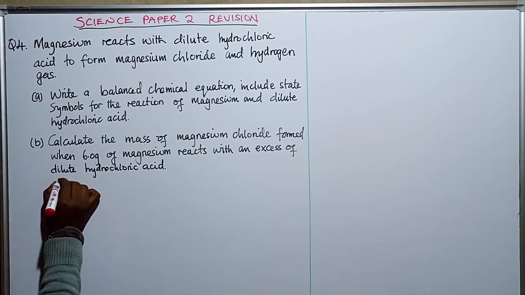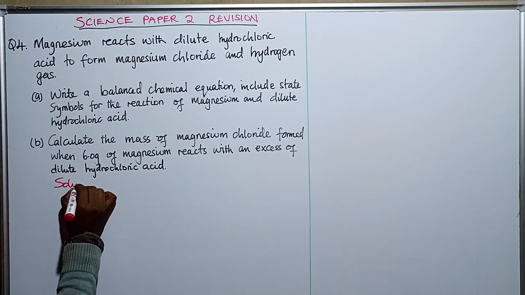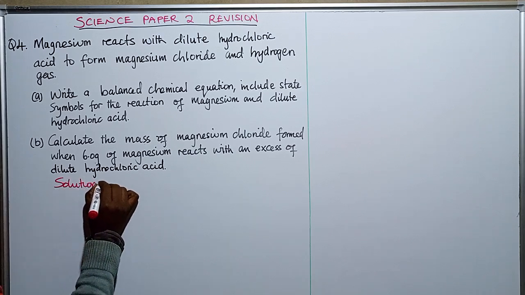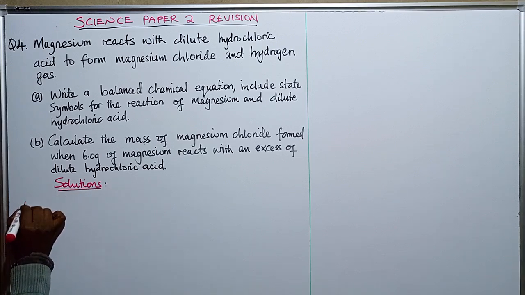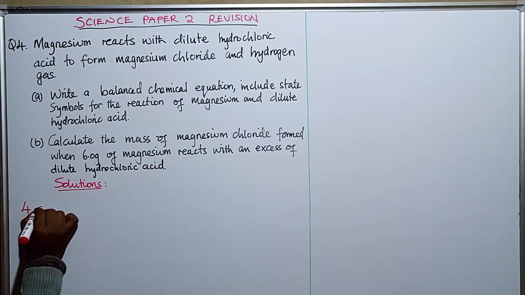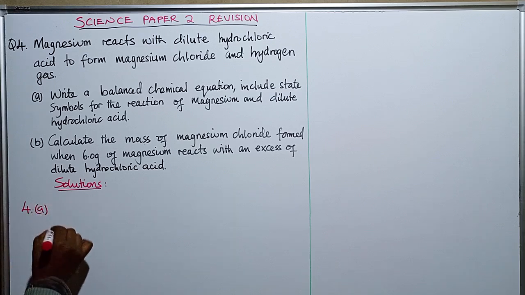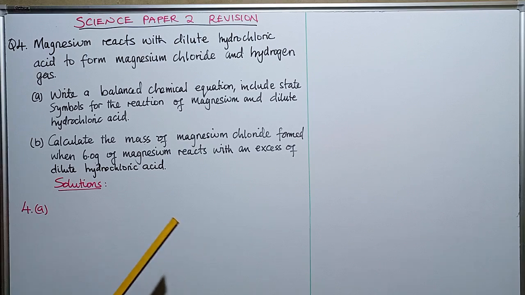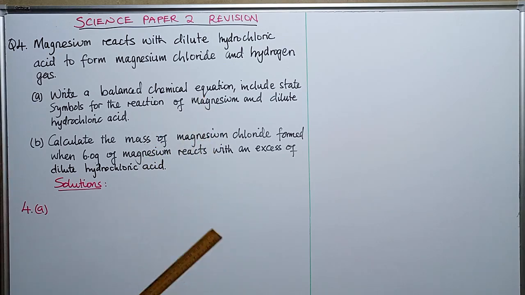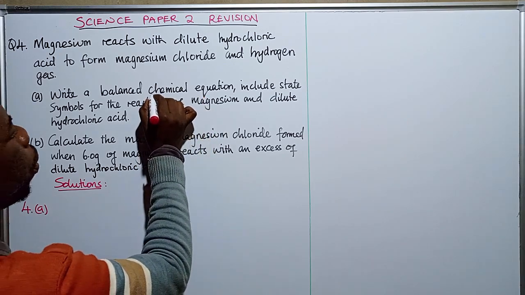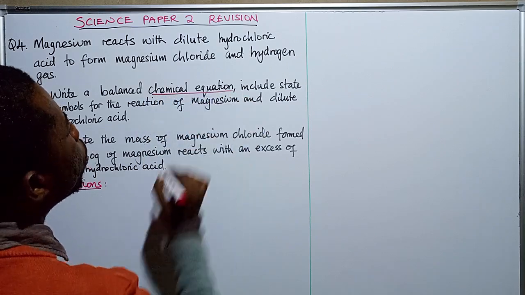All right, so let's go for the solution. This is 4A. What they're asking us to do, guys, is to write a balanced chemical equation. So we need to understand what a chemical equation is.